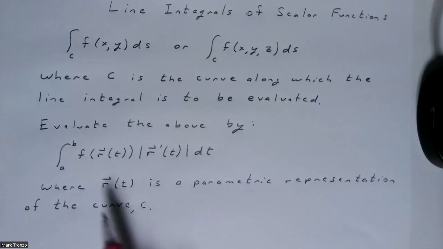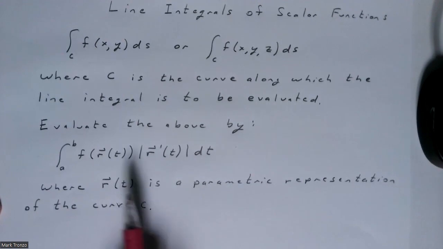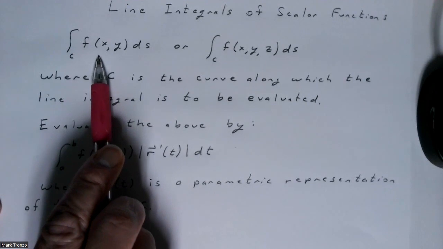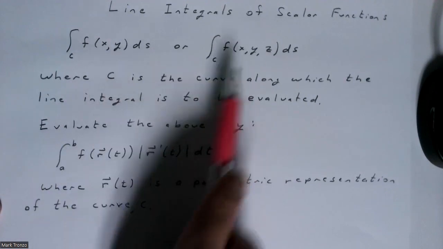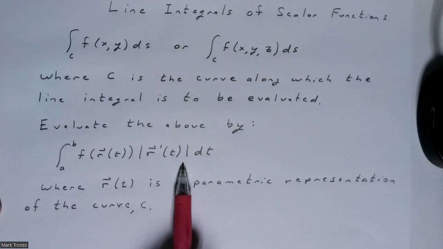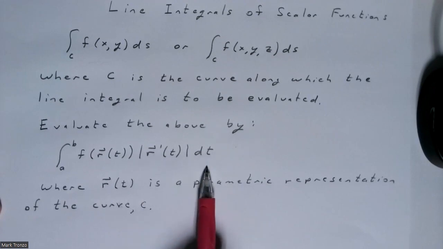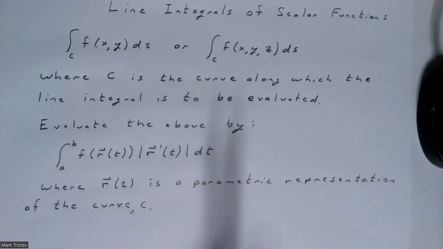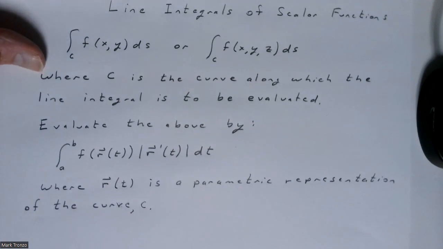We'll represent the curve C parametrically by R of t. Then we'll substitute R of t in the function, which could be a function of 2 dimensions or 3 dimensions. Then multiply this times the arc length element of the curve, and dt. And I'll show you in a minute a basic example, and you can see how this all works.